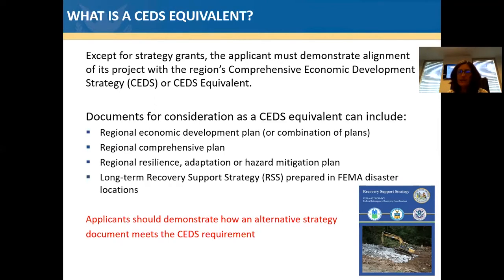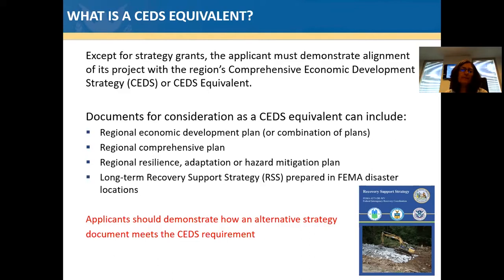Applicants should demonstrate, if they do not have the Comprehensive Economic Development Strategy, or CEDS, how their proposed plan aligns with an alternative plan or a combination of plans. And they should explain in their application what these plans are and how they satisfy that requirement for alignment.